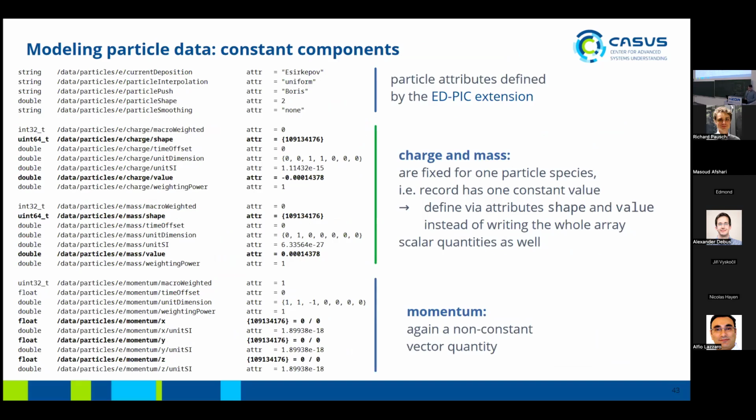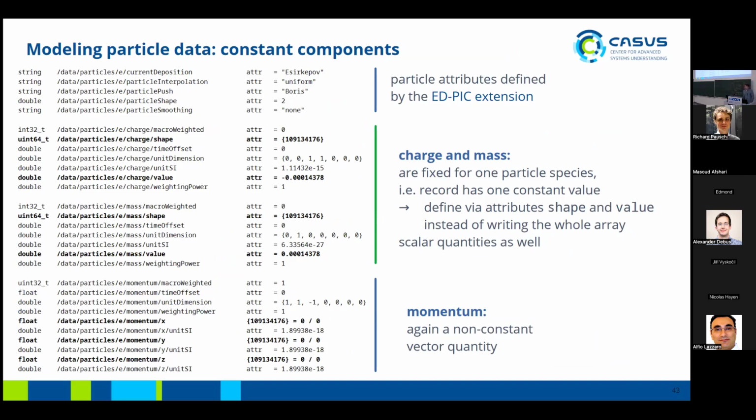Let's look in the middle here first, because if we talk about charge and mass, they are also properties of particles, but they're physical constants, so it doesn't really make sense to write the same charge, the same mass 109 million times.